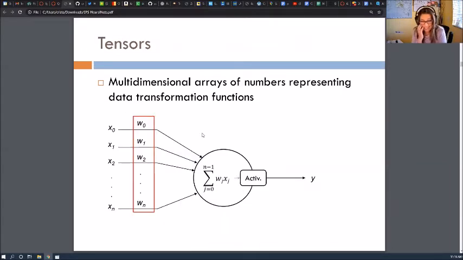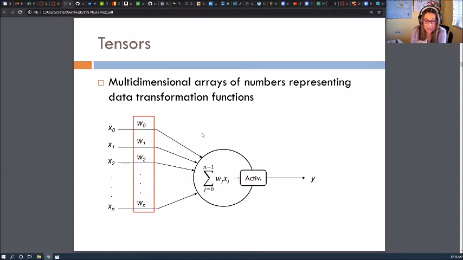So what are tensors in this world? It's even called TensorFlow. Tensors are now the fancy word. Actually, it's a word that comes from physics; it was not invented by machine learning. Tensors are multidimensional arrays of numbers representing both data and functions. That's the funny thing.